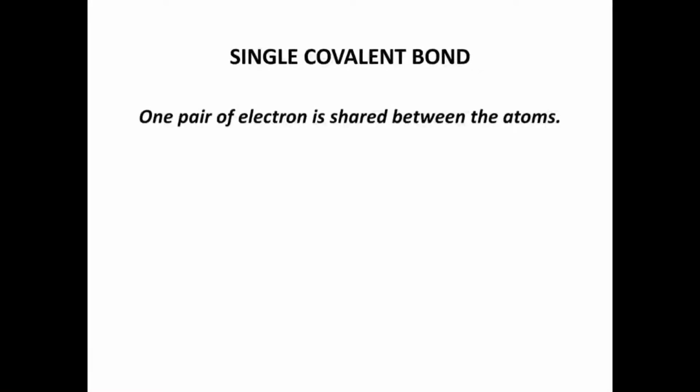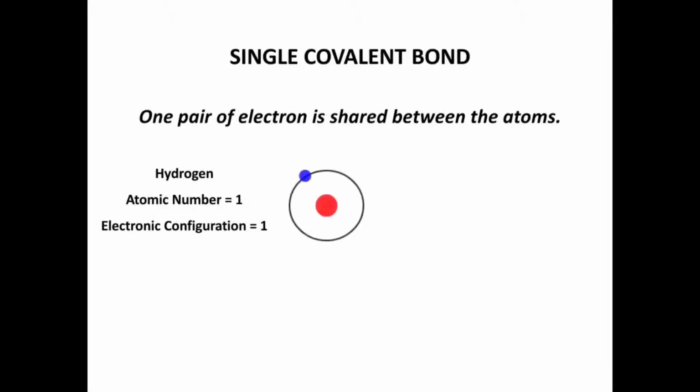Single covalent bond. In a single covalent bond, one pair of electrons is shared between the atoms. For example, let us consider a hydrogen atom which has 1 electron. The atomic number of hydrogen atom is 1 and the electronic configuration is also 1.